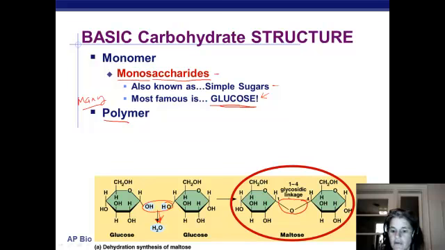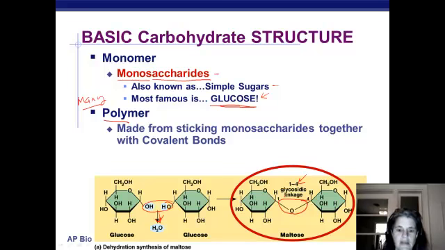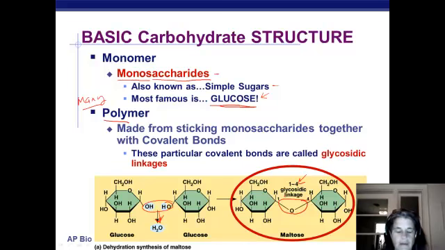This particular covalent bond responsible for linking two sugars is given a special name. It is called a glycosidic linkage. It is nothing but a fancy name for a covalent bond between two sugars. That's all you need to understand.